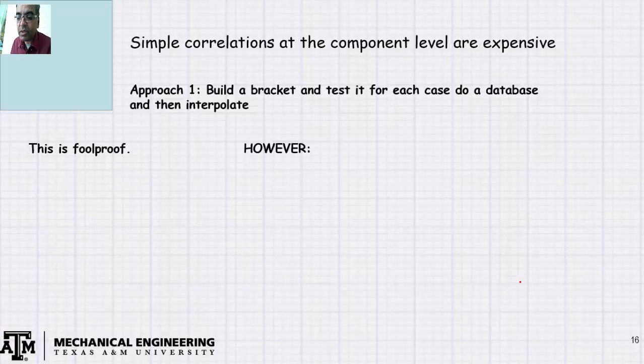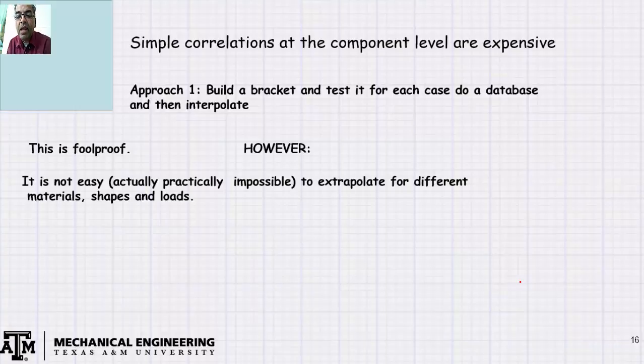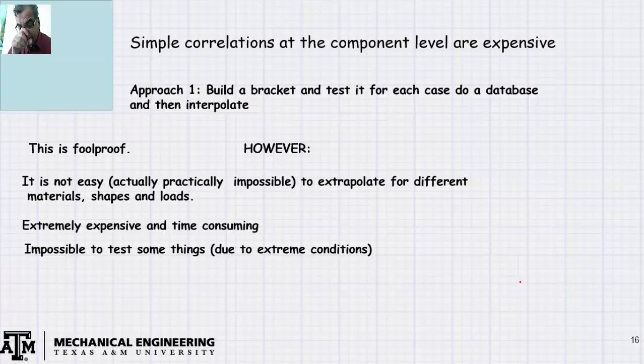Why do we need another option? The reason is it's not easy, actually practically impossible, to extrapolate for different materials, shapes and loads. Even if it were possible, building and testing is extremely expensive and time consuming. The last item is it's impossible to test some things because of extreme conditions.